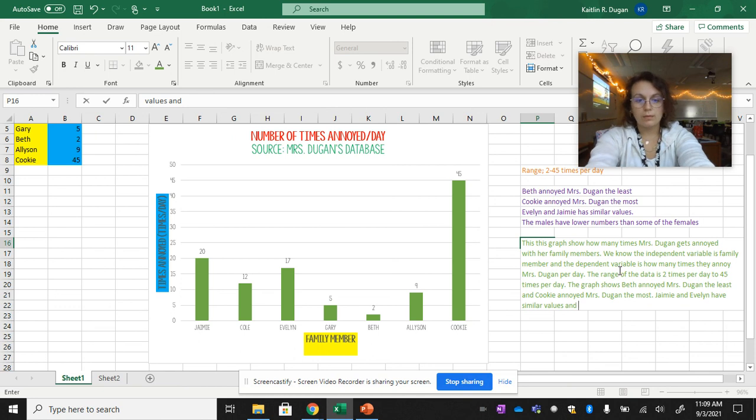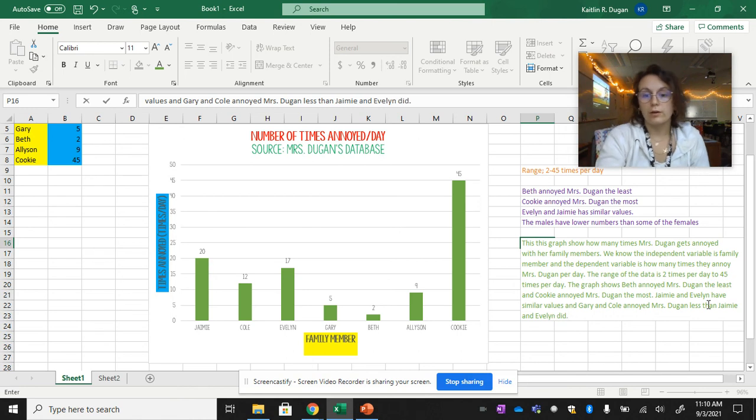And Gary and Cole annoyed Mrs. Dugan less than Jamie and Evelyn did. Okay, so that is our summary. Right here is where you are telling people what you know from your graph. This is going to help people understand your data.